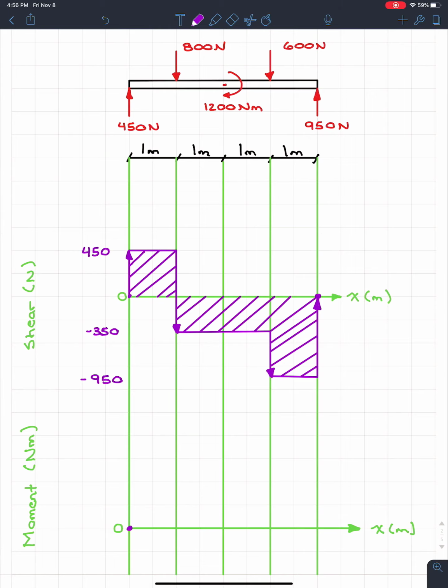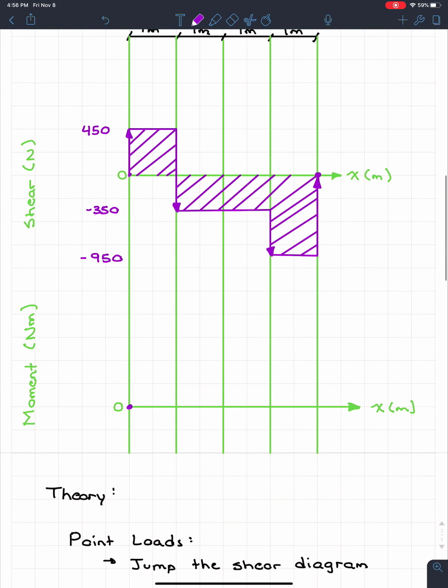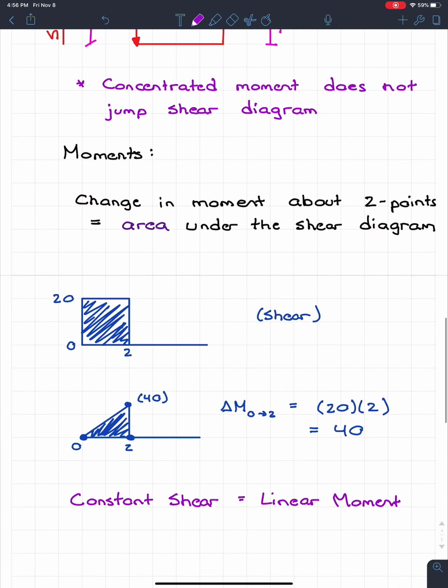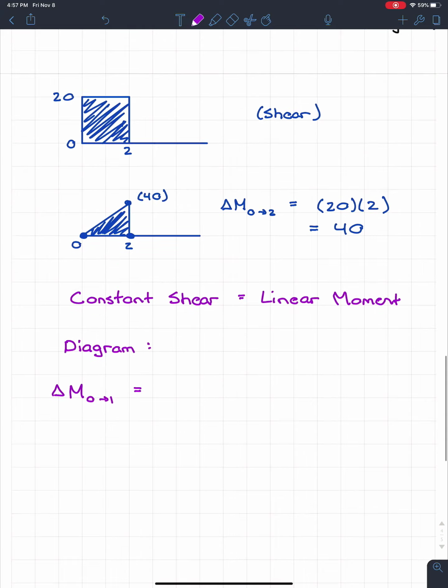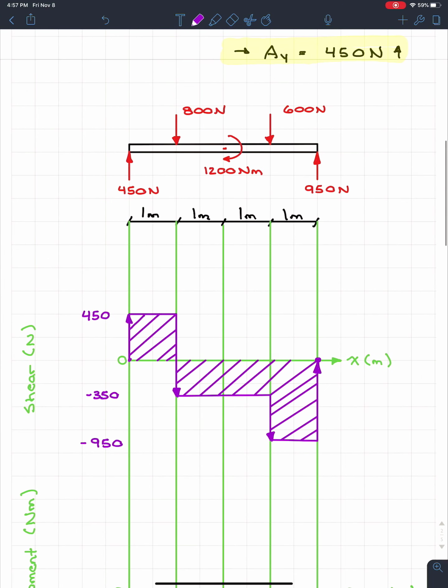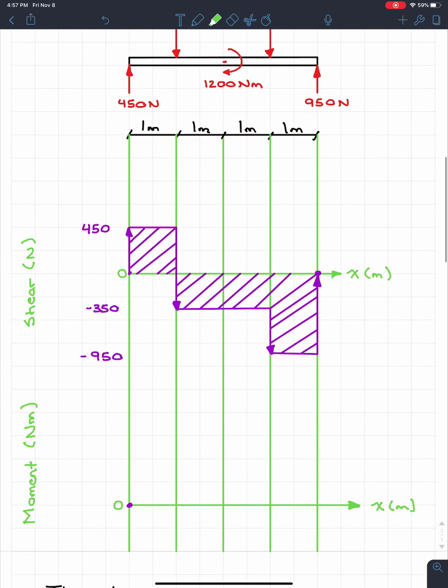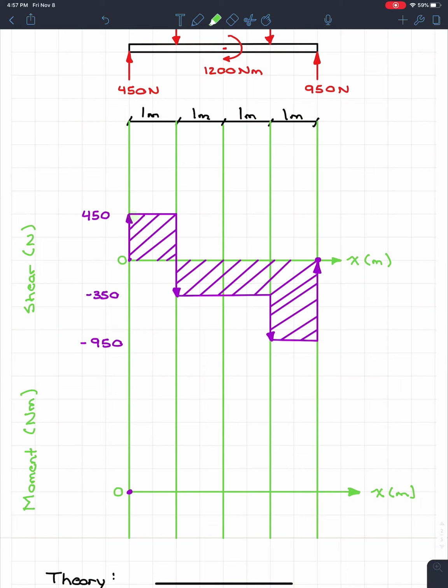So for delta M, my change in moment between x equals 0 and x equals 1 is going to be the area under the shear diagram between those two points. So I want this area right here.